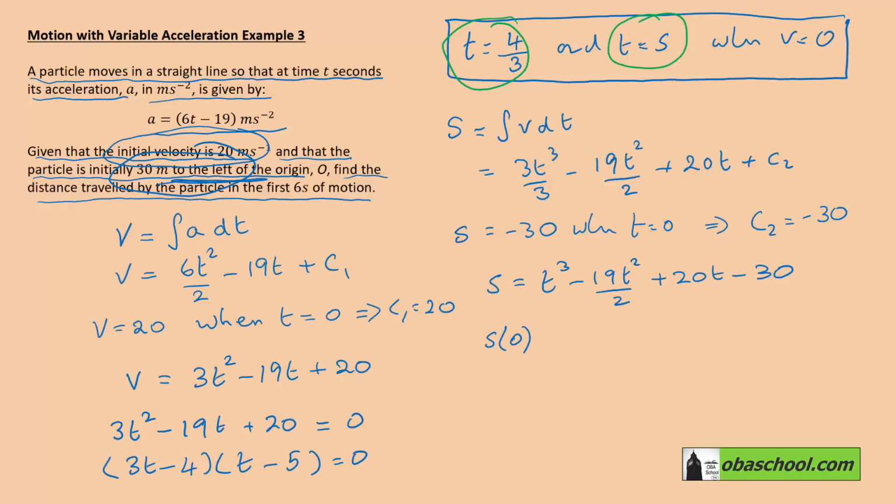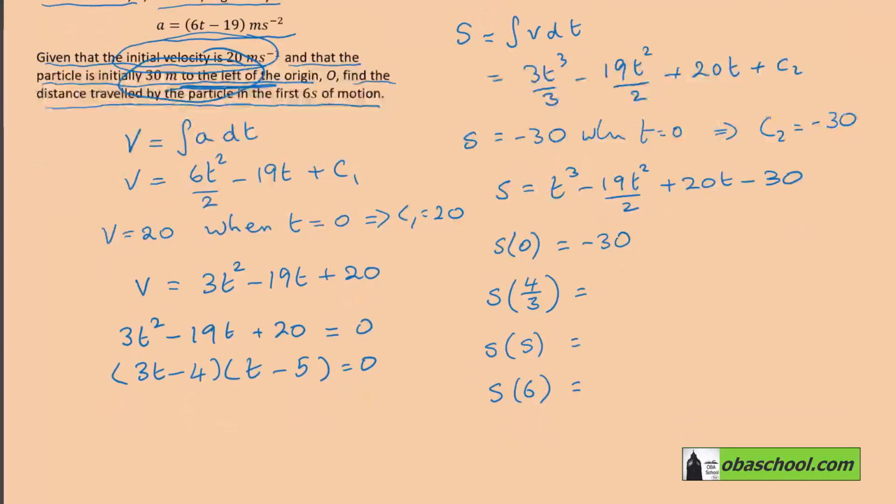So s of 0 is nice and easy. That's going to be negative 30. I'm going to need s of 4/3. I'm going to need s of 5. And I'm going to need s of 6.